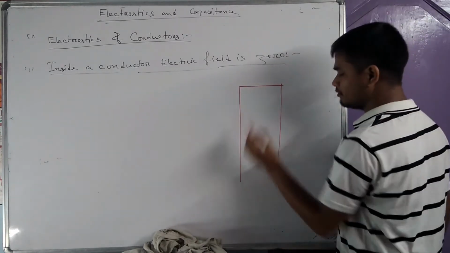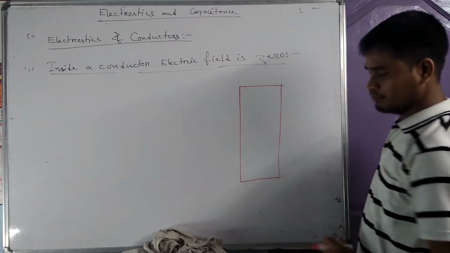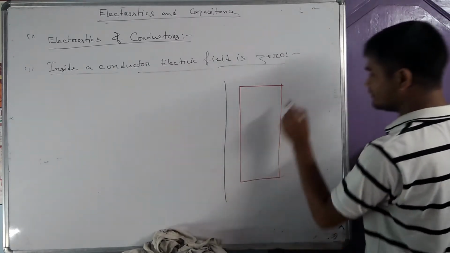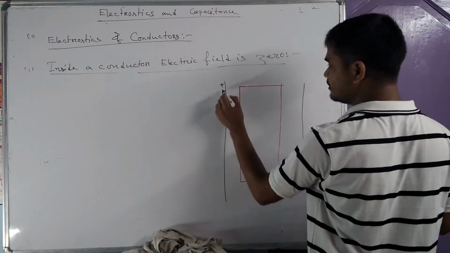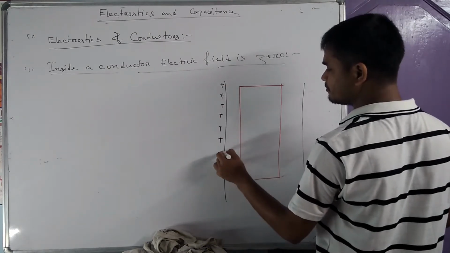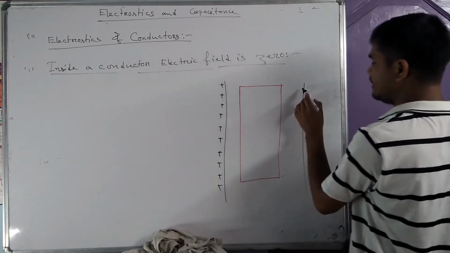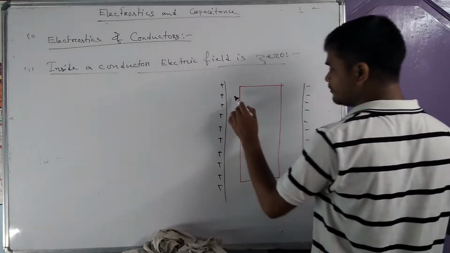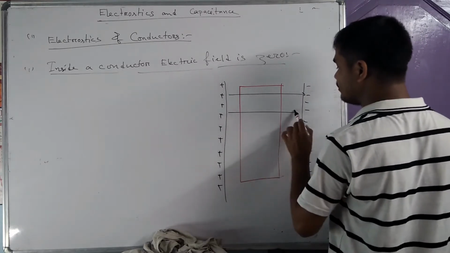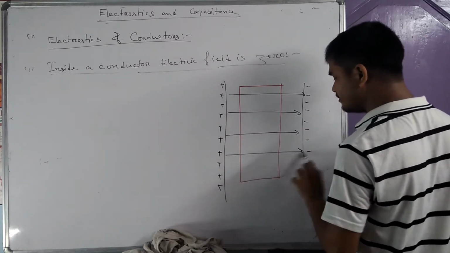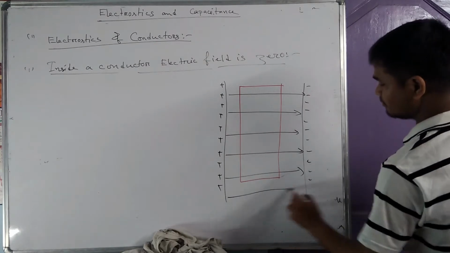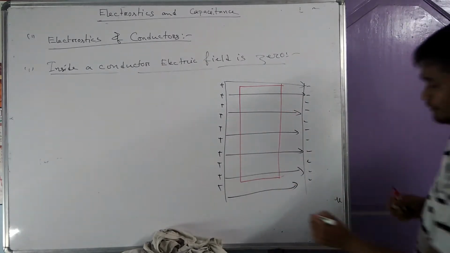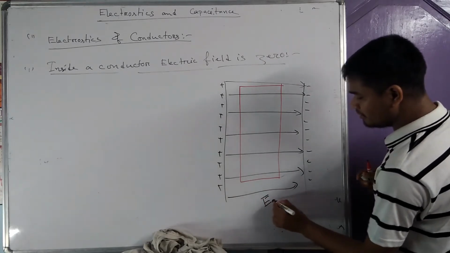We apply an electric field here. Let us consider there are plus charges and minus charges. Therefore there will be an external electric field of intensity E0.